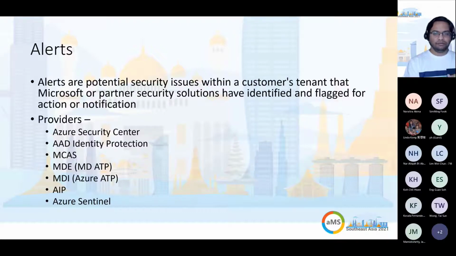Now, for example, if I'm a new customer, I have just purchased Microsoft 365, and I'm going to use Azure AD to log in. The very first time I log in, it's going to pick up that there is a login coming in the system from, say, an Australia location, and the tenant is in Australia as well.